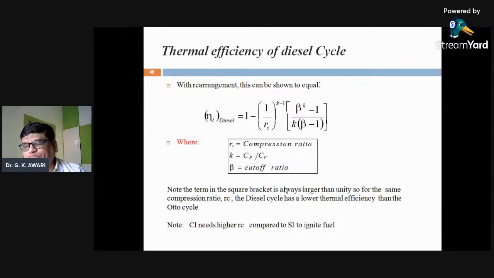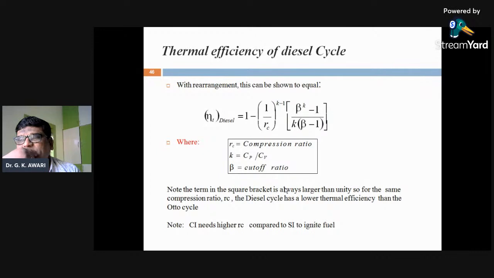In case of the petrol engine, the air fuel mixture is taken inside the cylinder during the suction stroke, and then it is ignited with the help of the spark plug, which produces the spark, and then the burning of the air fuel mixture starts.